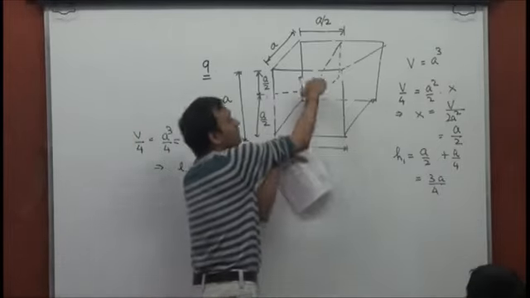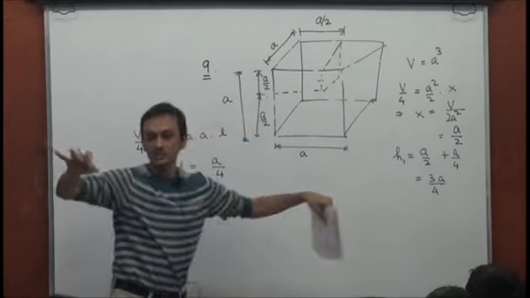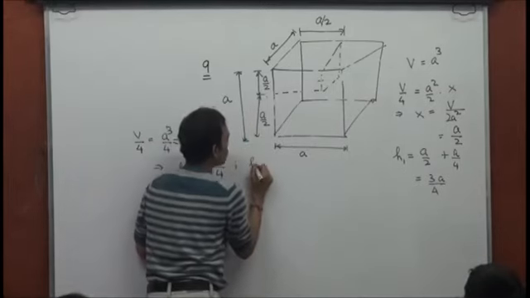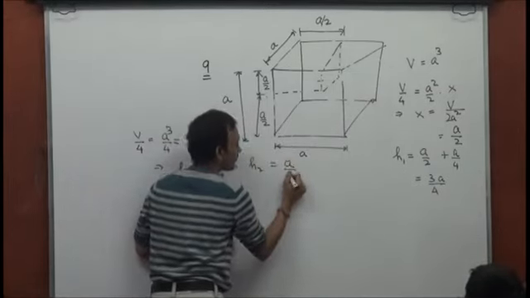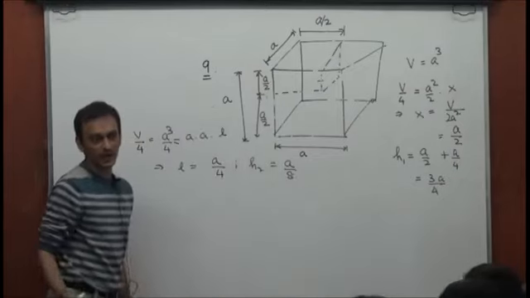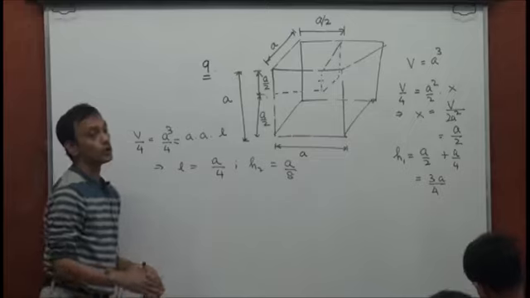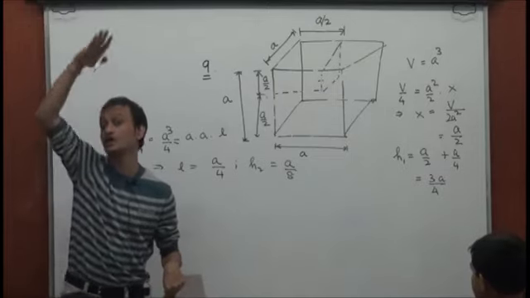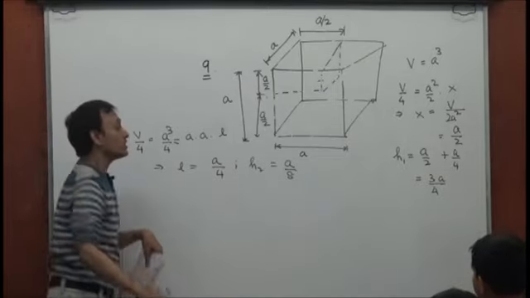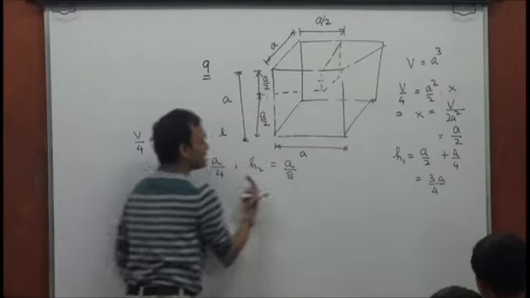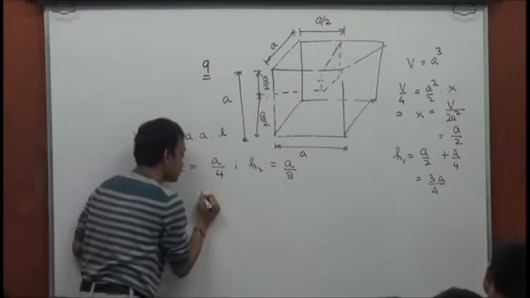Then the height above the ground for the melted portion is going to be H2, which is a by 8 above the ground, which means now the fallen elevation is H1 minus H2. That's the fallen elevation.